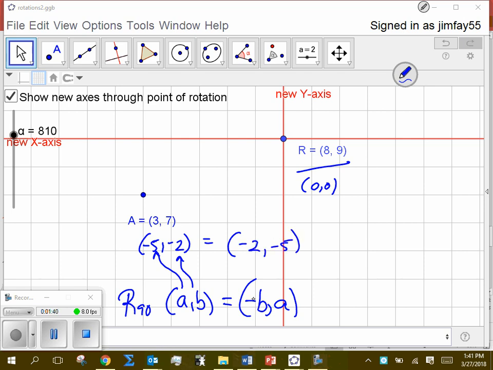But then you need an extra negative in front of this B. So what's the opposite of -2? 2. Yes, positive.